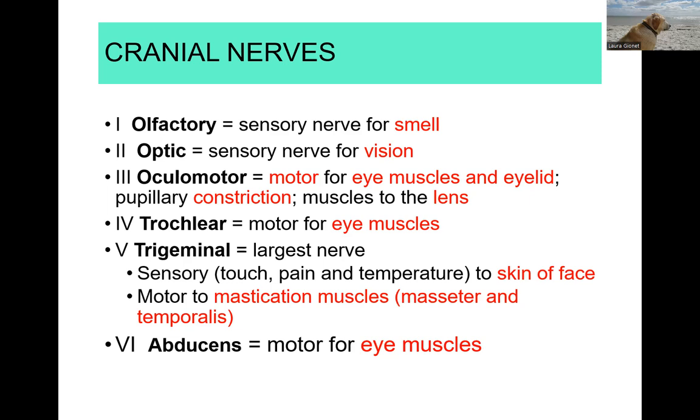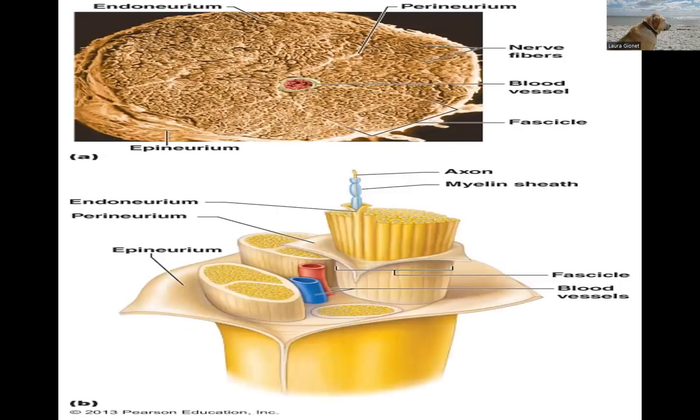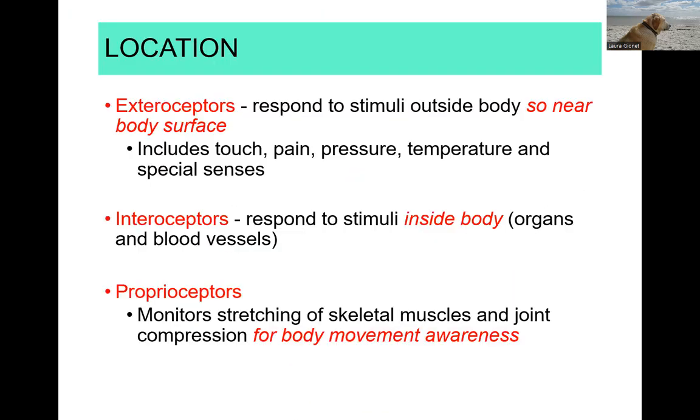Some books will say there is a sensory component called proprioceptive, but most books will consider it motor only, because it's virtually impossible to test that sensory component of proprioception. Technically, proprioceptors can monitor stretching of skeletal muscles and joint compression.